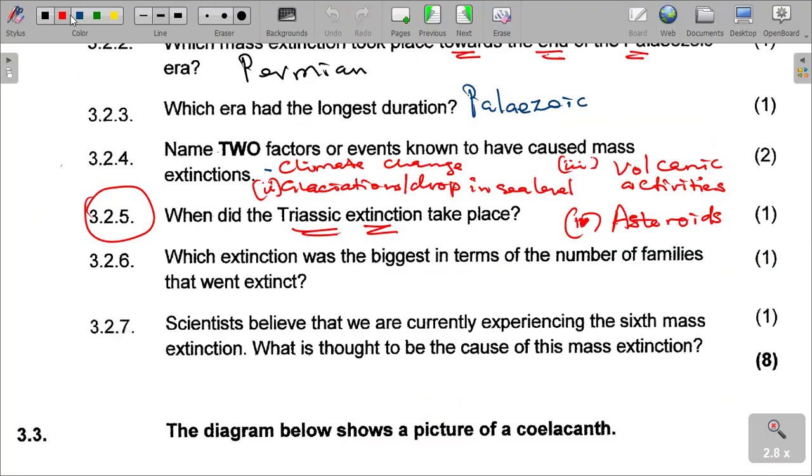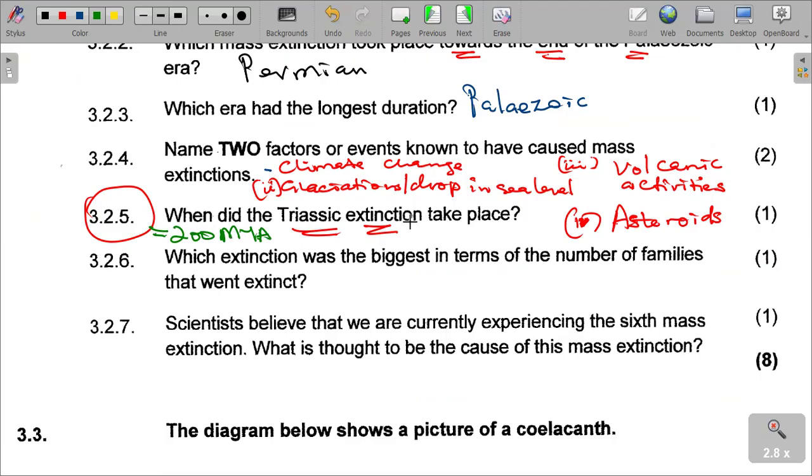When did it take place? This one, it took place 2 million years ago. That's when this took place.